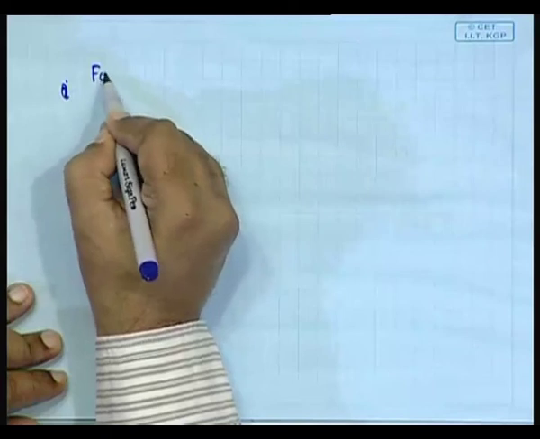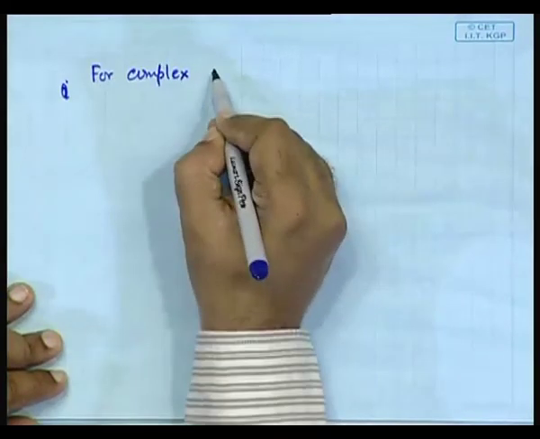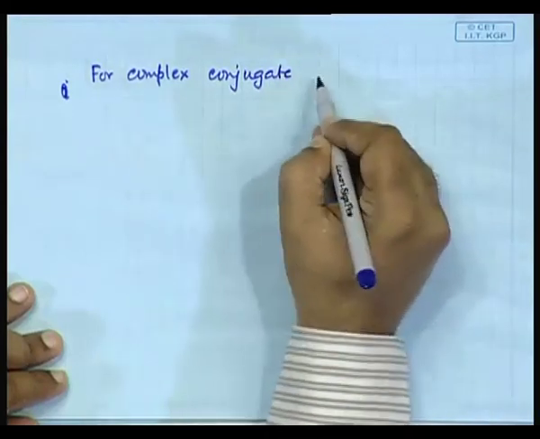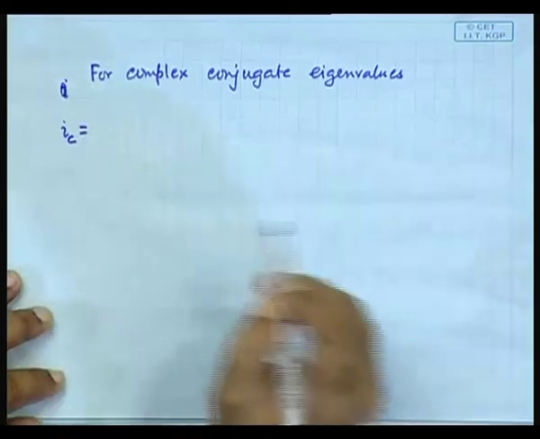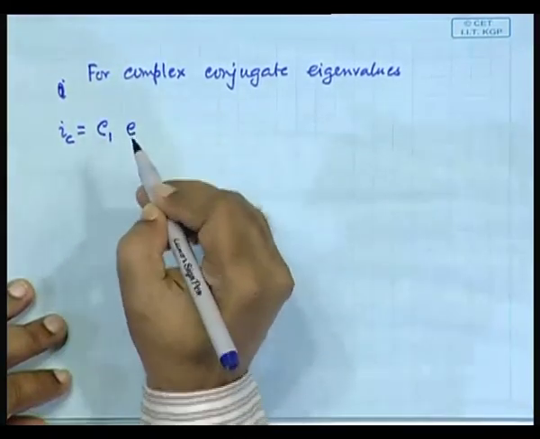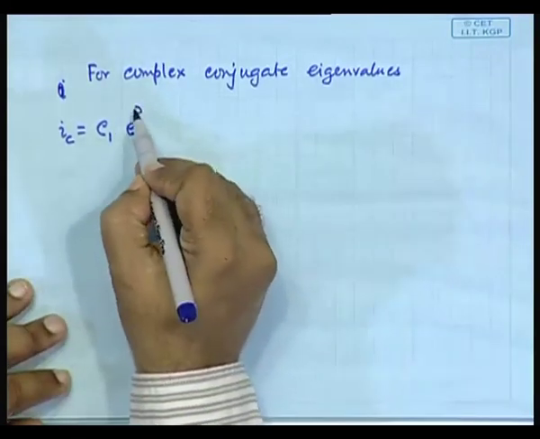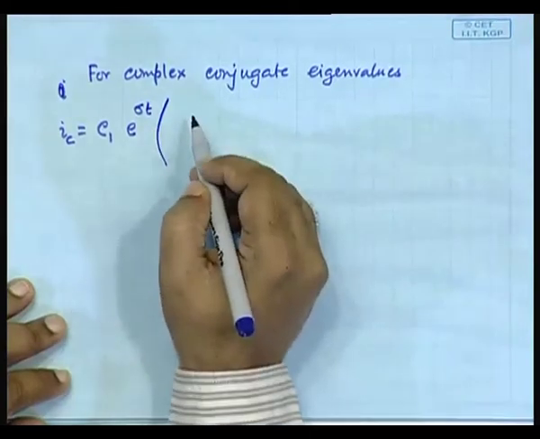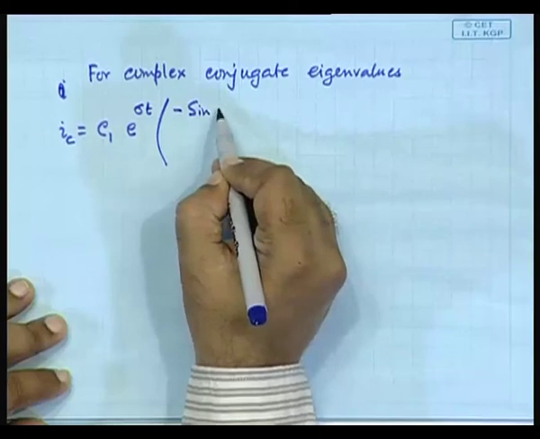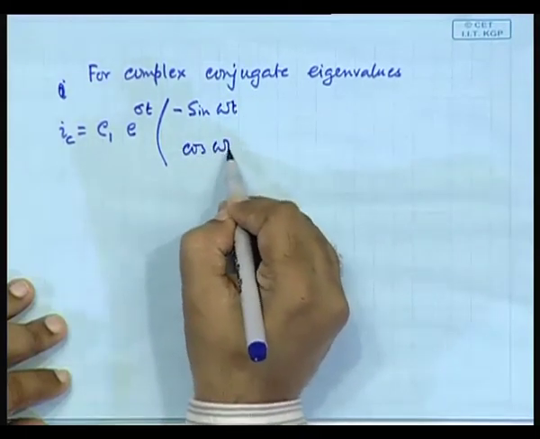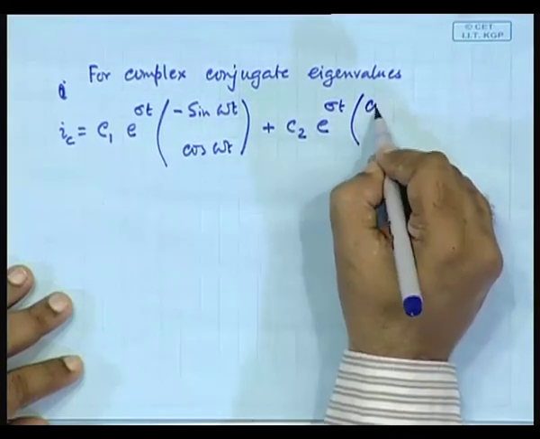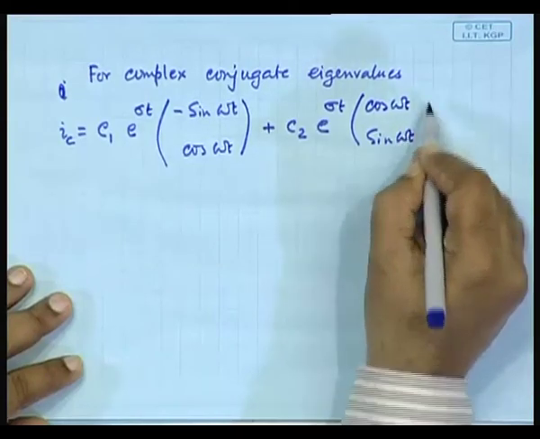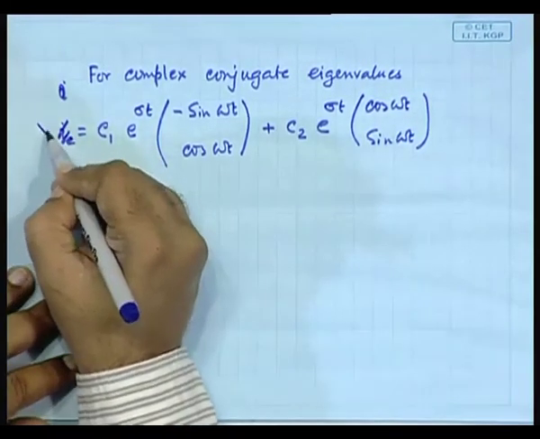If the eigenvalues are complex conjugate, you have IC as C1 e to the power sigma t, where sigma is the real part, times minus sin omega t, cos omega t, and C2 e to the power sigma t times cos omega t, sin omega t. It is x c in that case.